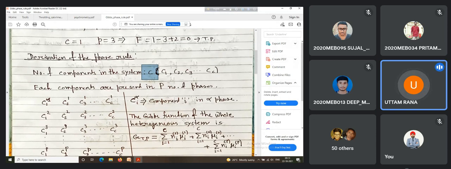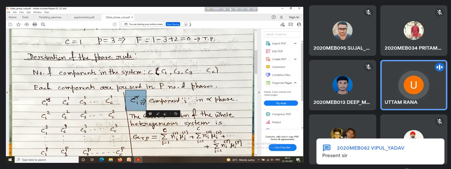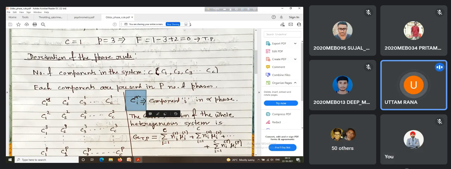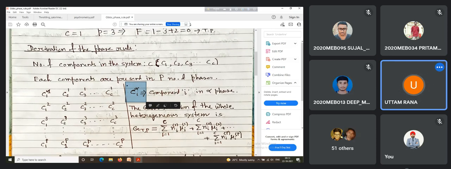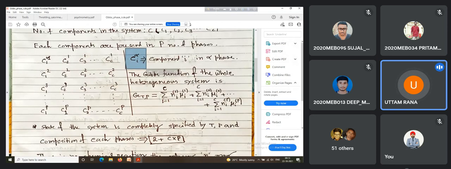So a general nomenclature for designating any component in a particular phase is C suffix i with a superscript alpha, which denotes component i in alpha phase. So each component has how many phases? P phases. So the C1 component will have phases 1, 2, 3, 4 and Pth phase. Similarly, the C2 component will have phases 1, 2, 3 and so P phases.